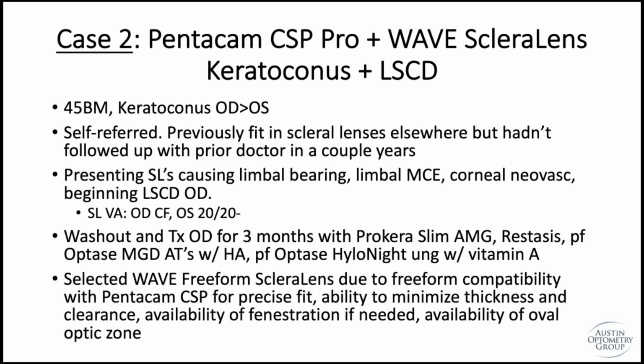The reason I wanted to go with the wave lens as opposed to other ones was, I wanted the kind of freeform compatibility just to get the lens as centered as possible. I like thinner lenses. It's some personal preference. Wave tends to have a thinner, I guess, overall design.